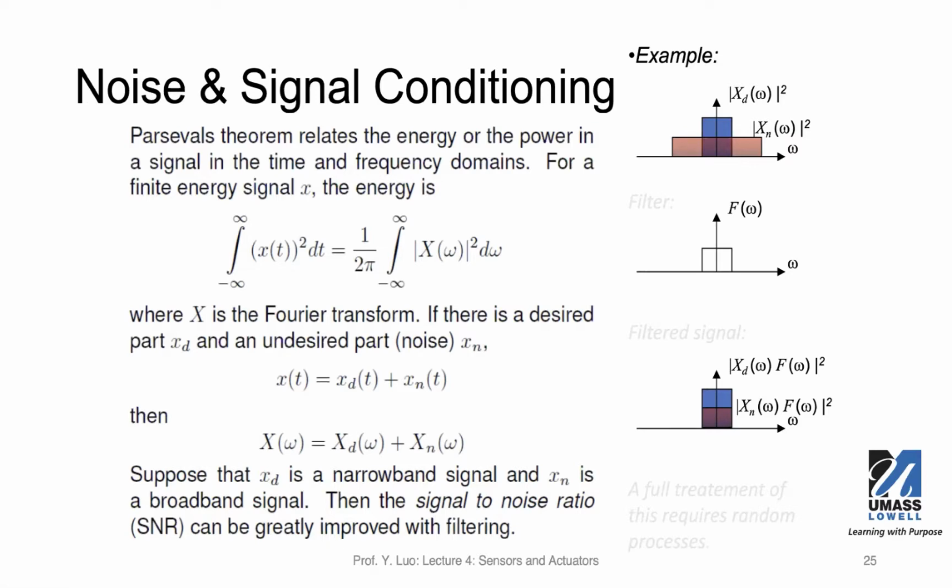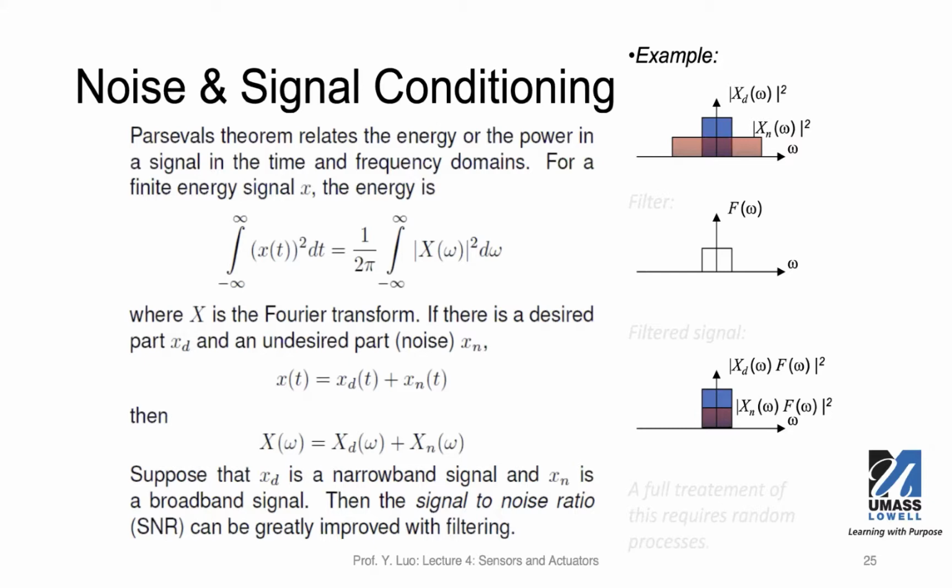Using low-pass filters, we can take advantage of this to dampen the noise signal and enhance the effect of the useful signals. The way we get a good signal as opposed to noise is to have the amplitude of the useful signal as high as possible, whereas the amplitude of the noise signal is as small as possible.